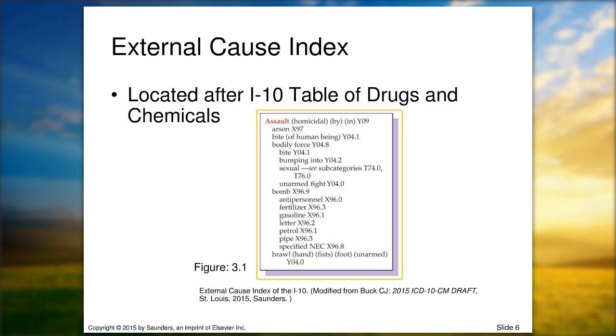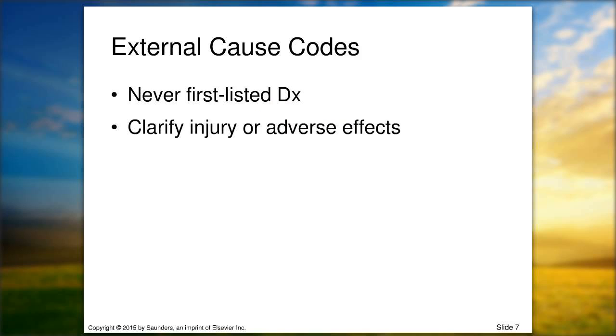Once you look up the main term in your external index, you would then go into the tabular to look up the code in the external causes and confirm in that tabular the correct code. Your external cause codes are never first listed, and they clarify the injury or the adverse effects.